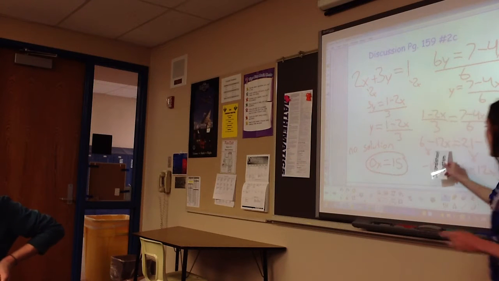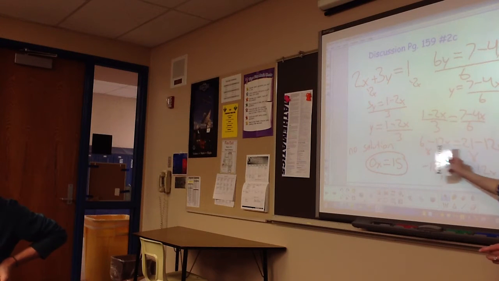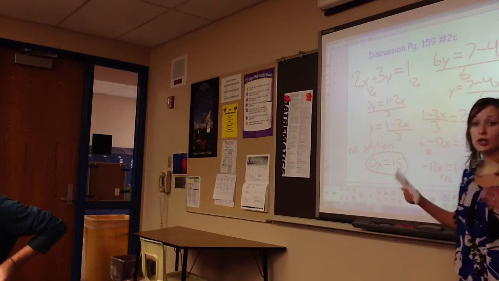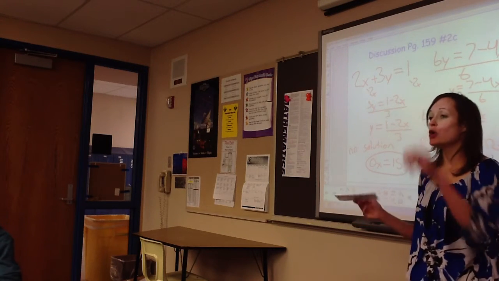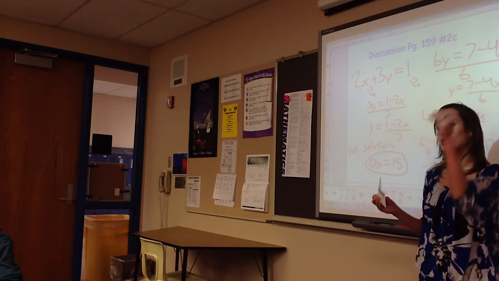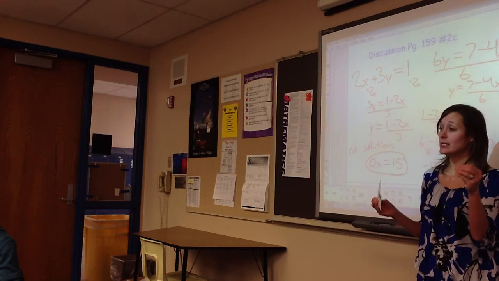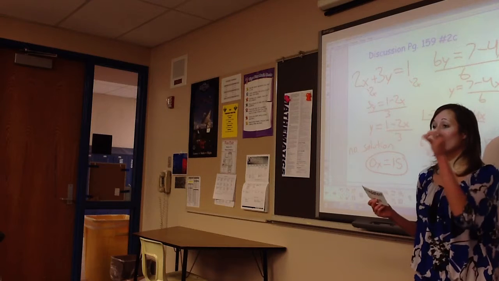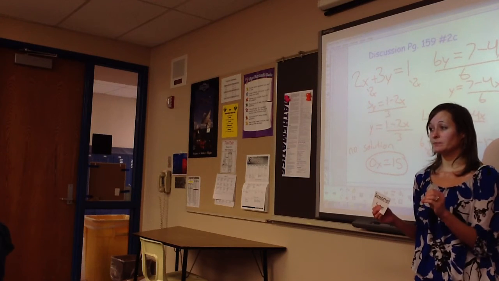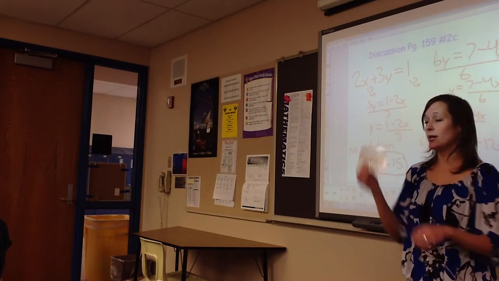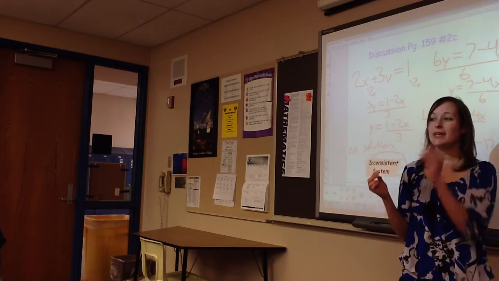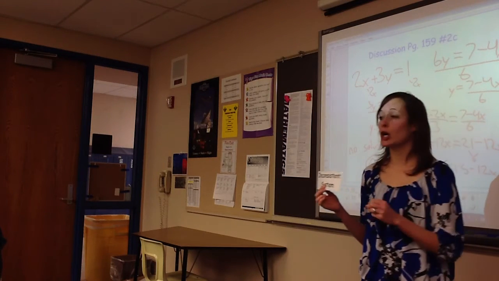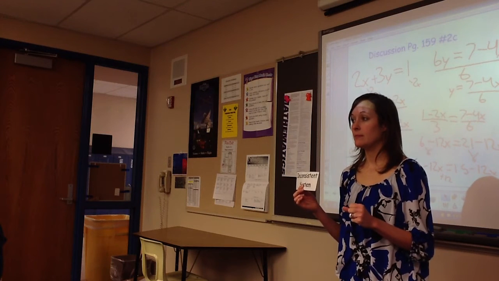Before, it was pointed out that they have the same coefficient in front of x. Is our coefficient the same thing as slope? Okay. So when the slopes are the same and the y-intercepts are different, there will be no solution. And they are inconsistent.